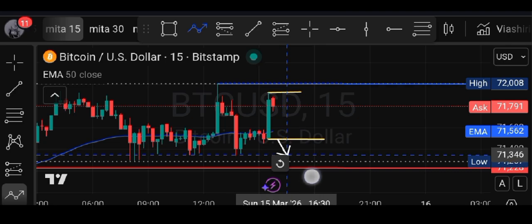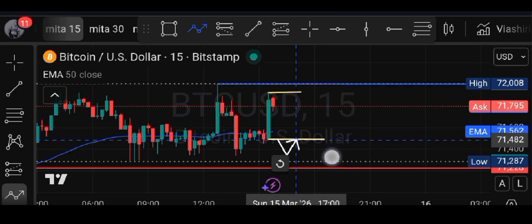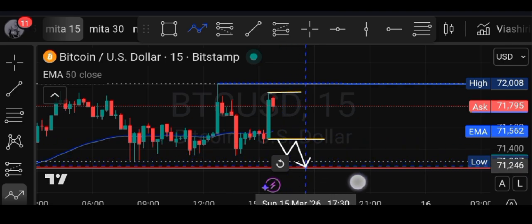I draw arrows that will give you the freedom to understand the right direction.